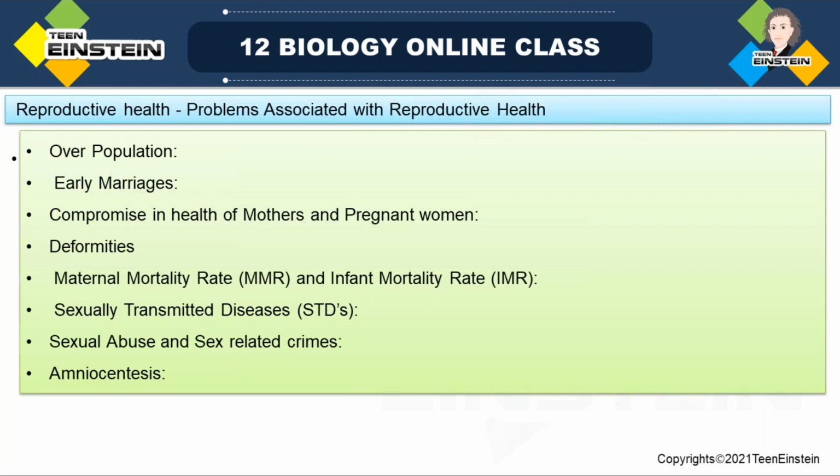Every time, the nutrient availability, then the strength of the mother's body, and all these matter during the pregnancy period. So deformities are common in children born out of early married couples. Mostly it is seen in such cases.